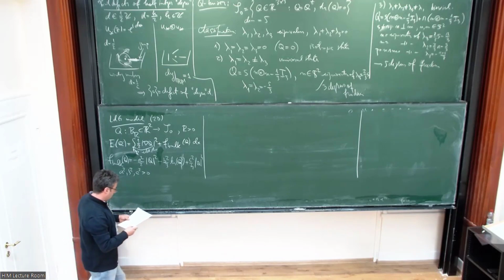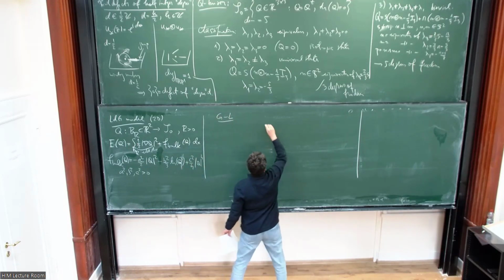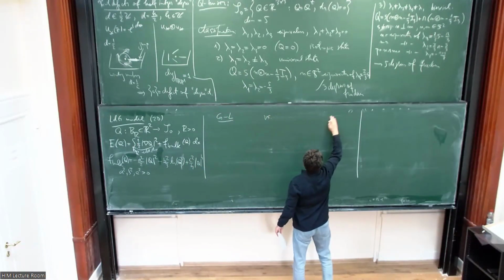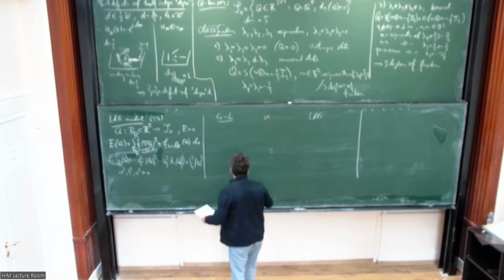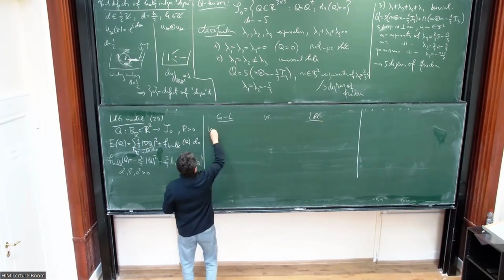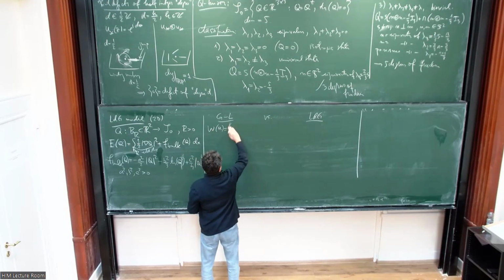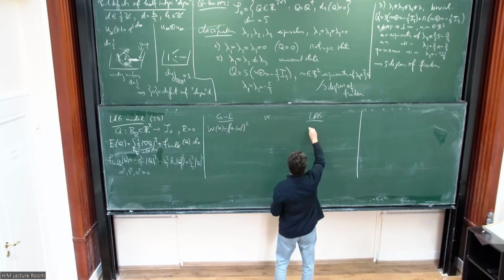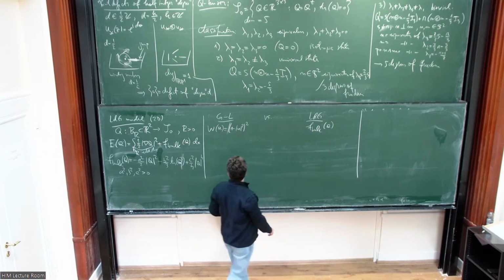So, a comparison of Landau versus Landau-de Gennes. The potential W, right, was something of order 4, and here you have the potential.